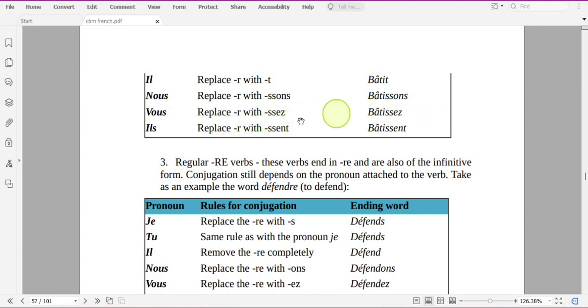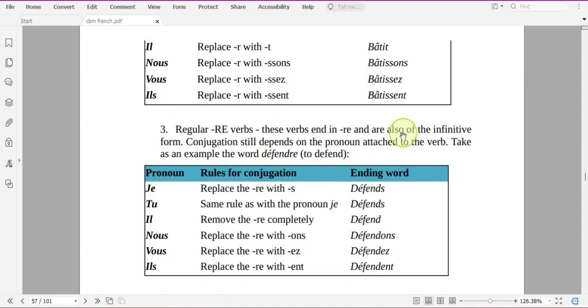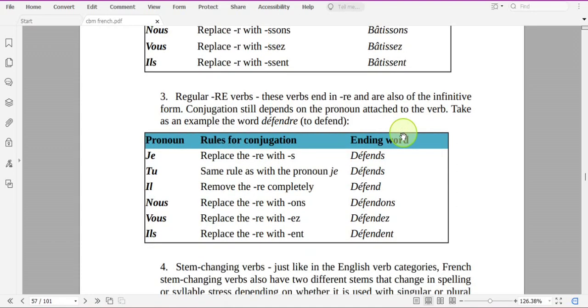Vous, as usual, you have EZ, but you double the S: vous bâtissez. Then ils or elles, replace with SSENT: ils bâtissent.